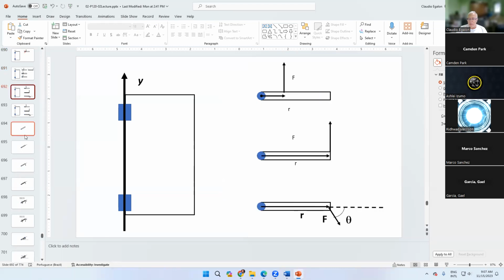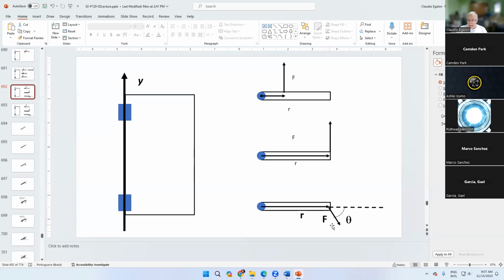Okay, so that's what we did. And what else? Here you go. What do we end up having here? We end up having that the actual force that's producing the torque is not F, but just its component perpendicular to the position vector. Can you picture that?